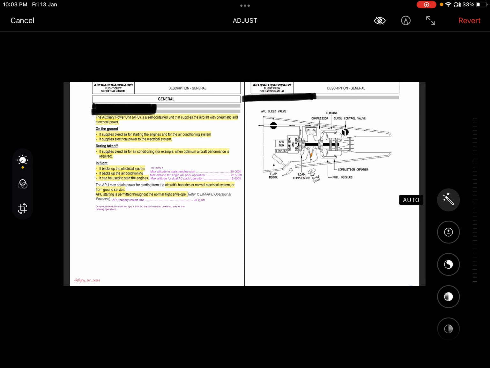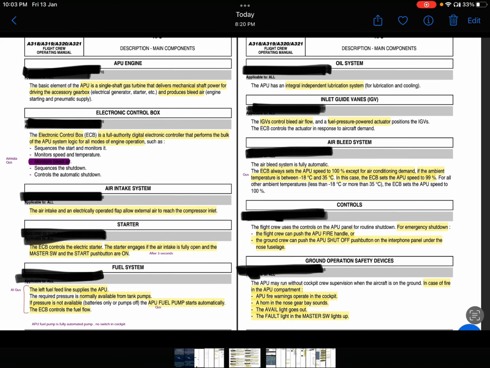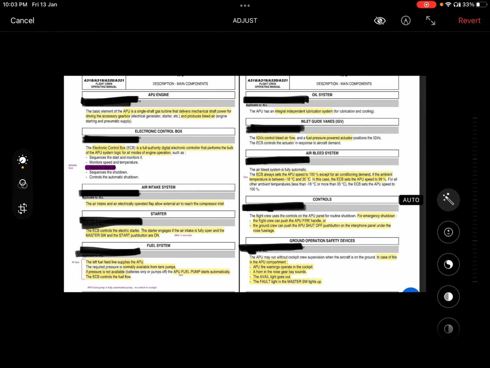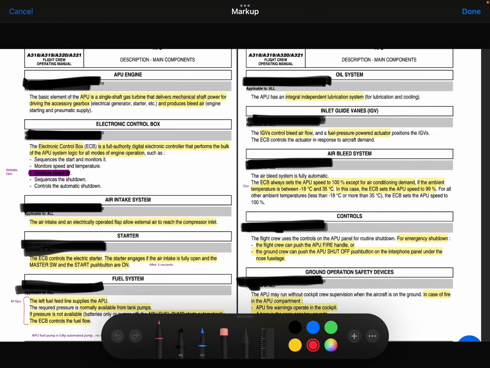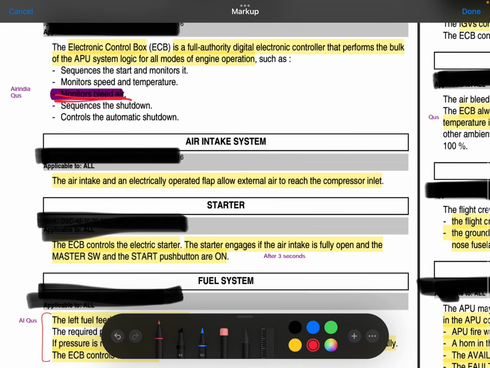Keep it in mind. Next in this slide, yes, the ECB controls the bleed monitoring system of the APU, not the FADEC.